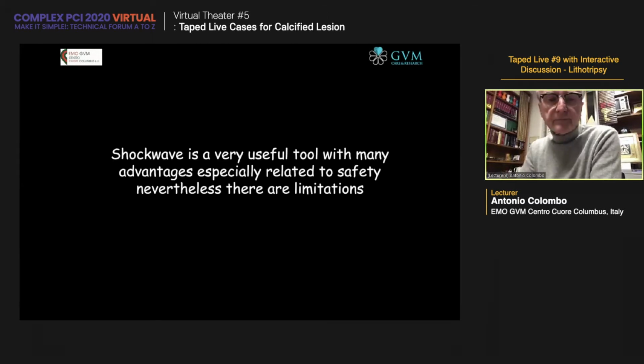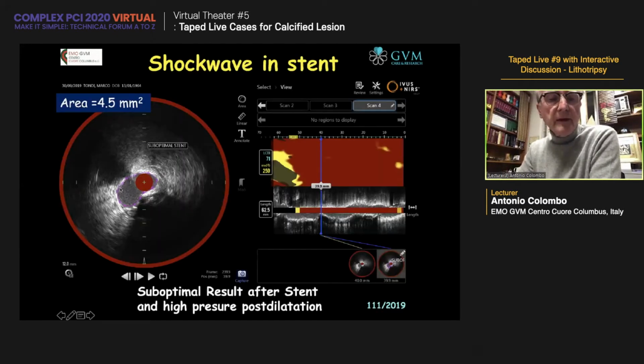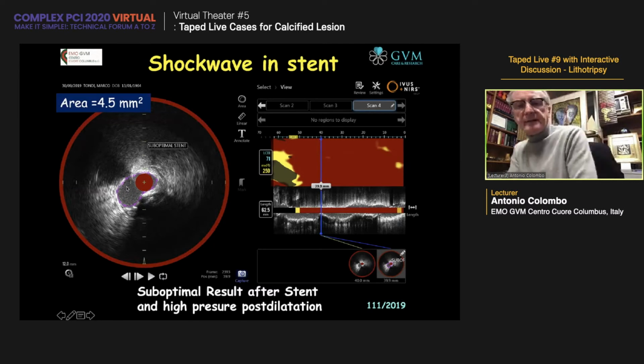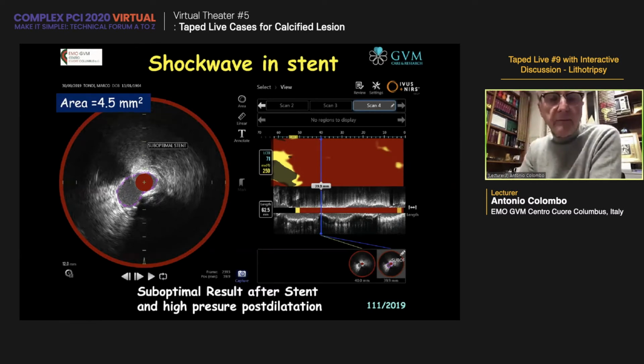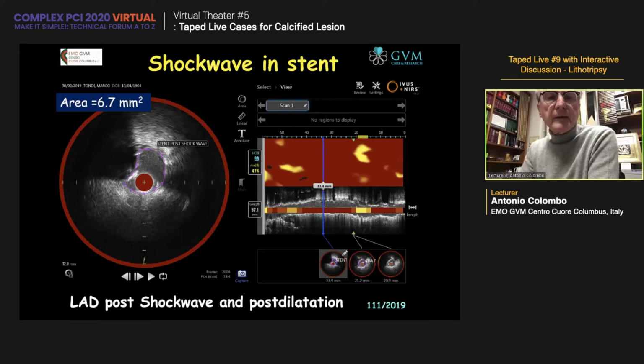This is one example. You see a calcific lesion with calcium only in one segment, with very asymmetric stent expansion. The stent had already been implanted following high pressure dilatation, and high pressure dilatation will expand the stent towards your left, but leave the calcium untouched.